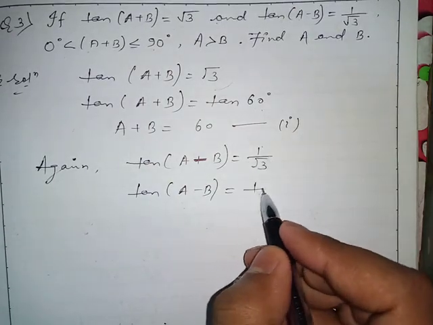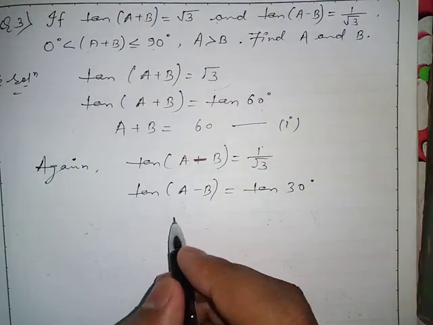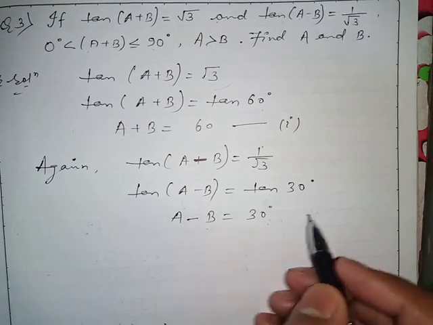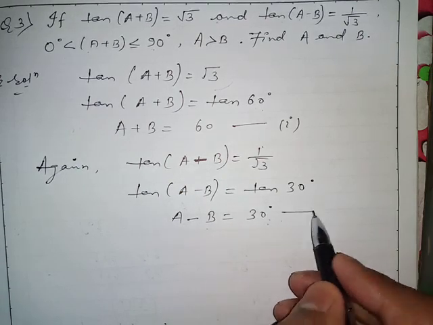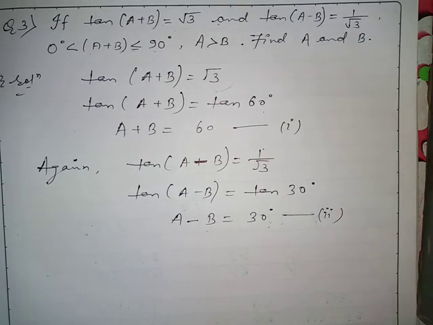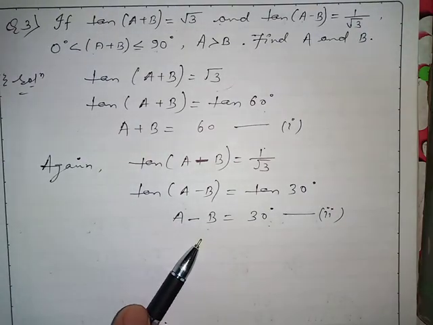So I can write tan 30 degree. So here also tan is cancelled out. So the value is what? a minus b is equal to 30 degree. Okay, 30. So take it as equation number 2. Now what we will do is solve these two equations to get the value of a and b.